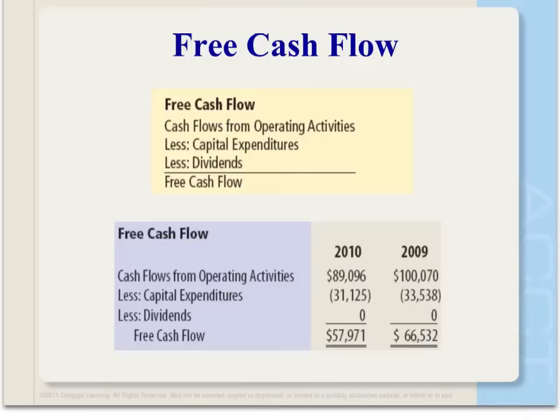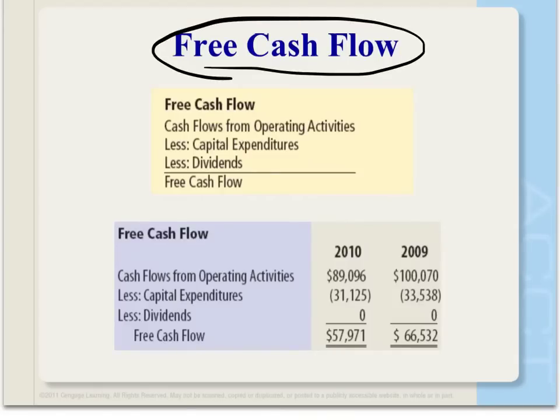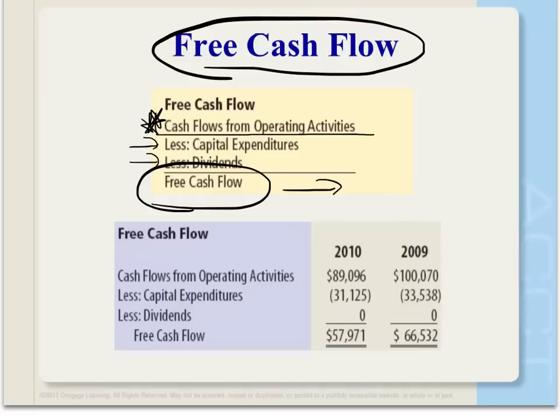If a company can generate more cash than it needs for these commitments, it is generating what we call free cash flow. The formula is you go to the statement of cash flows, which I know you have not done yet, and look up the line item that says cash flow from operating activities. You then subtract capital expenditures and dividends, and that dollar amount is the free cash flow.